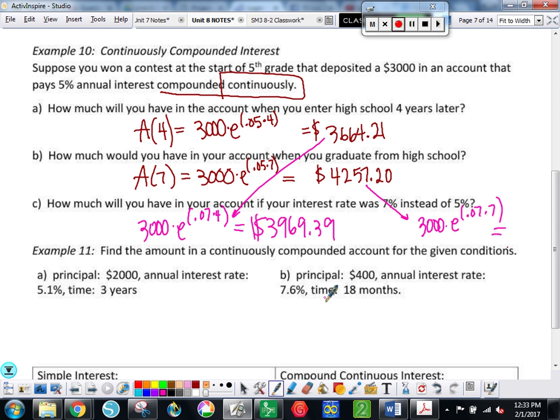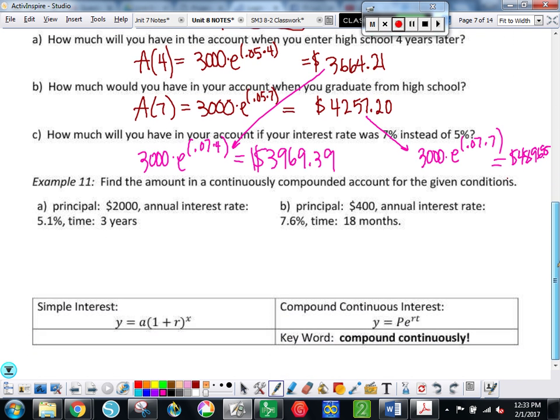What about this one? 4,896.95. So on that one, having a 2% higher interest rate earns $650 more. So clearly the higher interest rate is better, right? Okay, moving on.